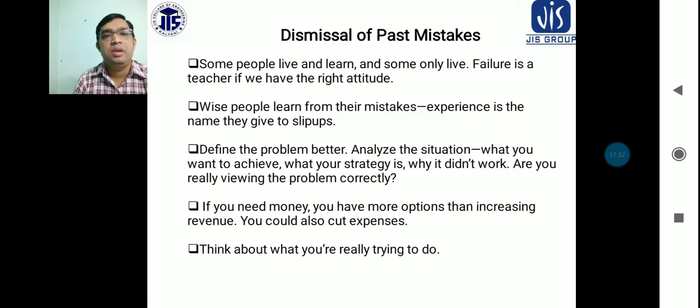Another thing, if you need money, you have more options than increasing revenue.